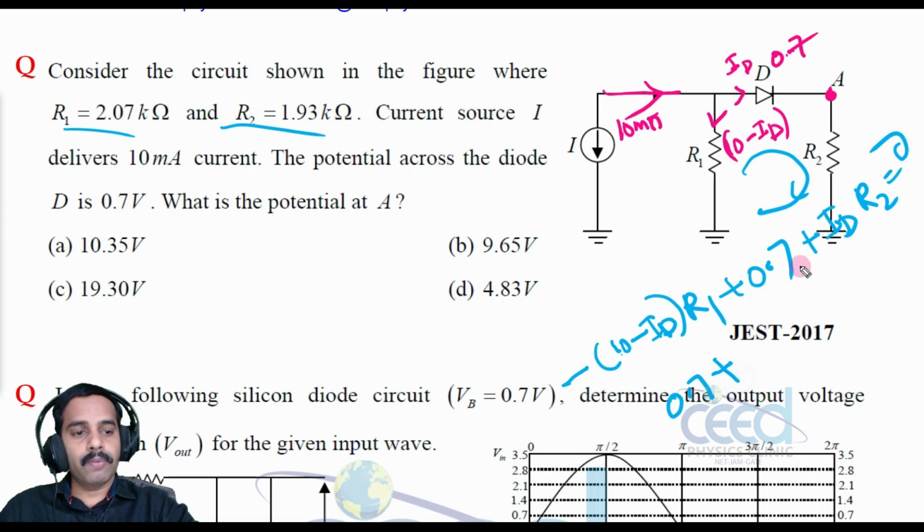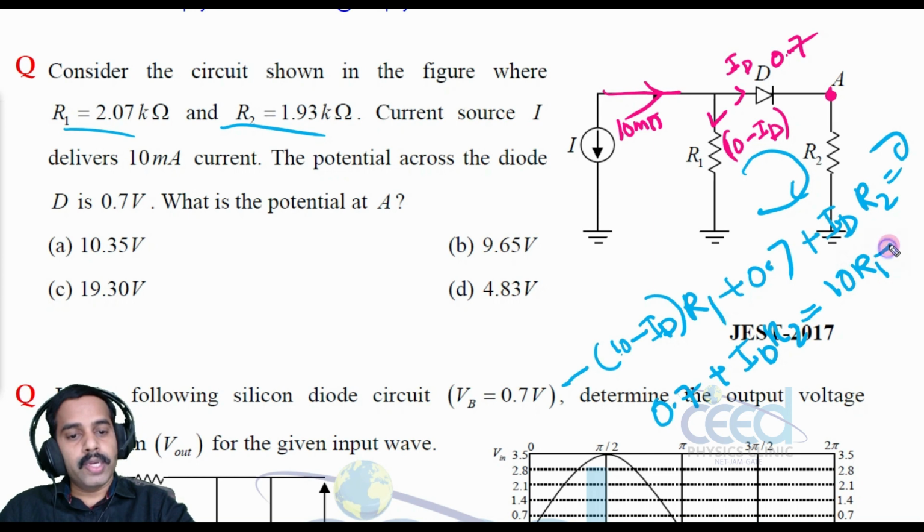So 0.7 plus ID R2 equals minus (10 minus ID) R1, which is minus 10 R1 plus ID R1. Taking the 10 R1 to this side, ID into (R1 plus R2) equals 10 R1 minus 0.7.